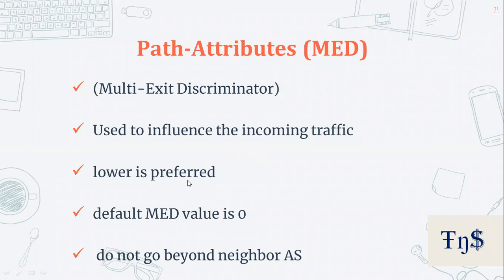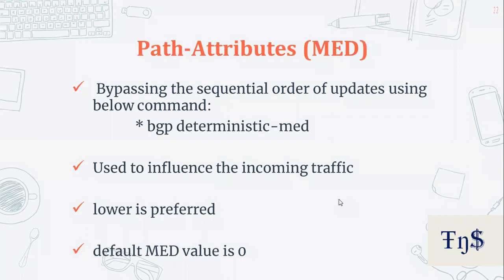Lower is preferred. We already saw this. Default MED value is 0. It does not go beyond the neighbor AS, right? BGP deterministic MED is used to influence incoming traffic. Lower is preferred.